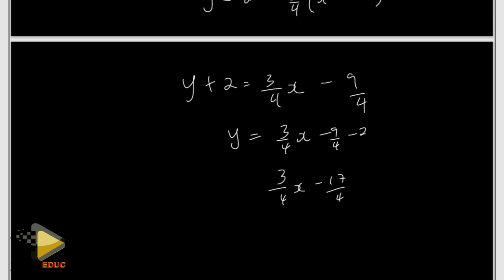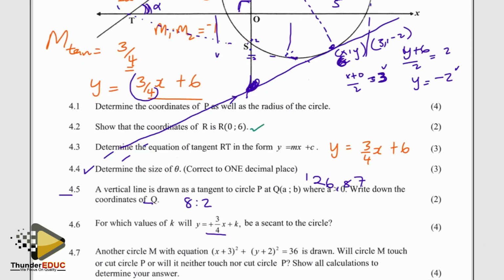Let's just confirm that. Wait a minute, we said 9 over 4 plus a 2, 17 over 4. All right, perfect. So this is a negative 17 over 4. Now, remember this k is a y-intercept.